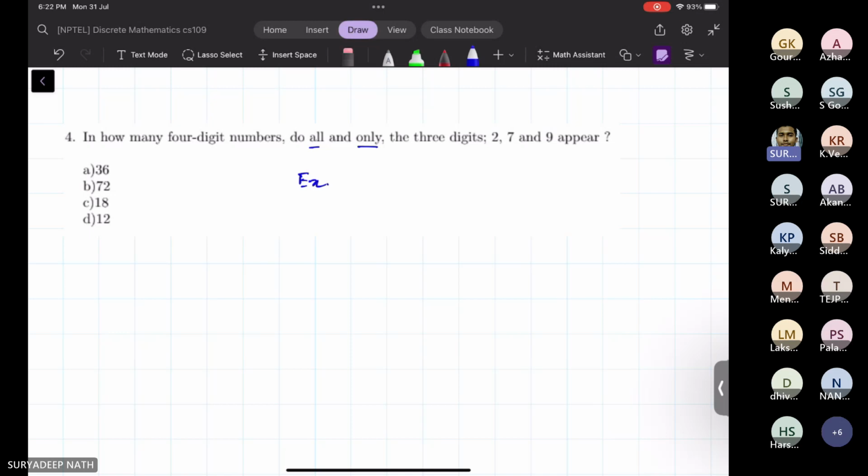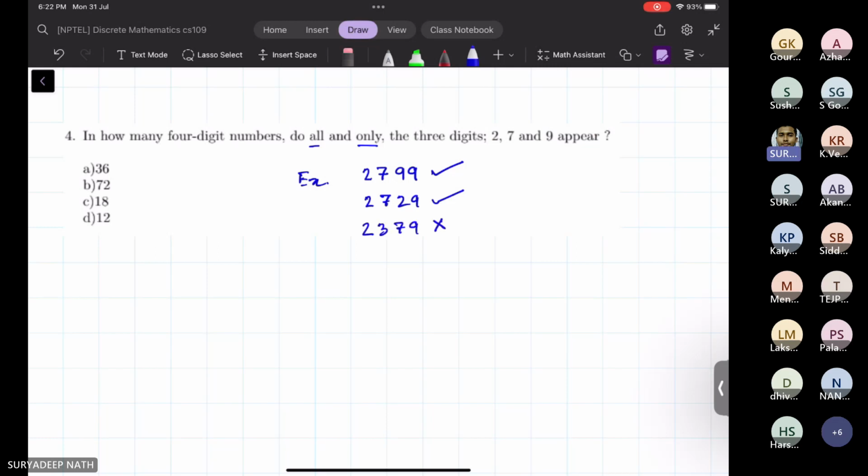Let us look at some examples. 2799 is a correct number that is being asked for in this question. 2729 is also a correct answer, but 2379 is not a correct answer, because this violates the only part.